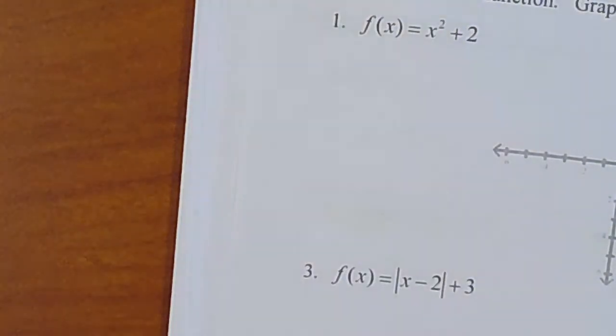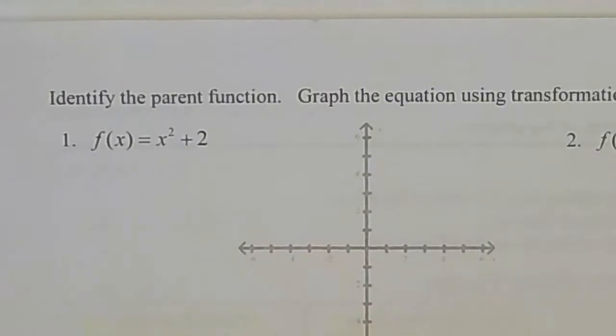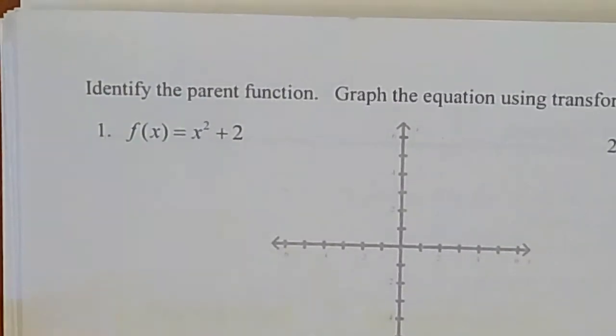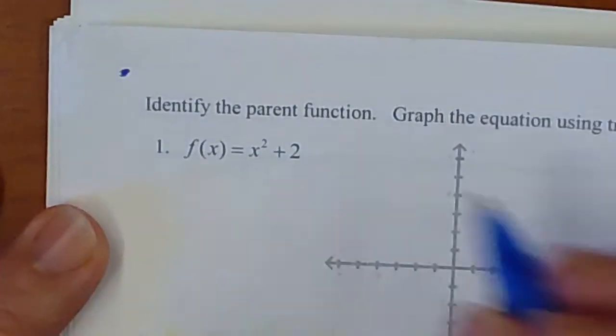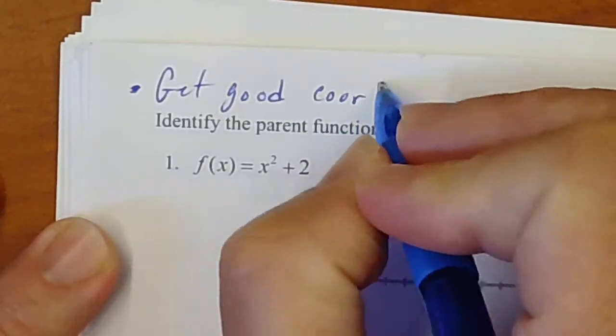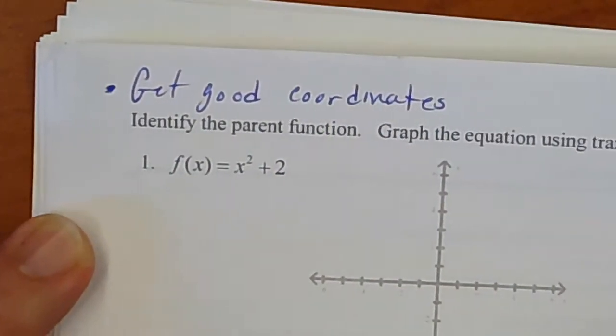So step 1 here on this first example says identify the parent function, then graph the equation using transformations of the parent graph. The first thing I want you to write down as your first step is: get good coordinates to translate.